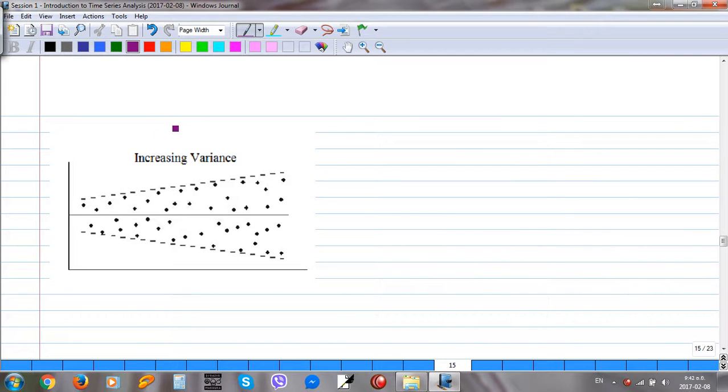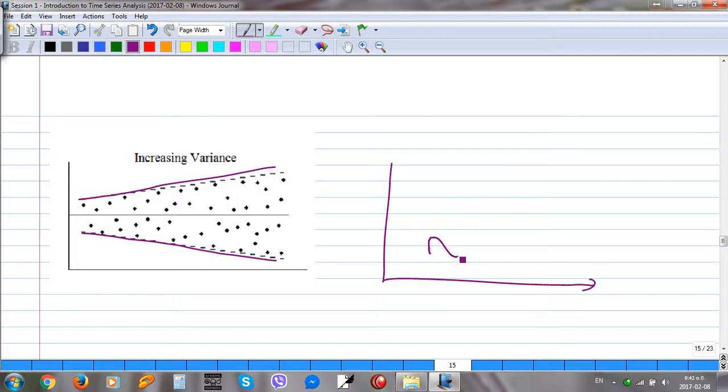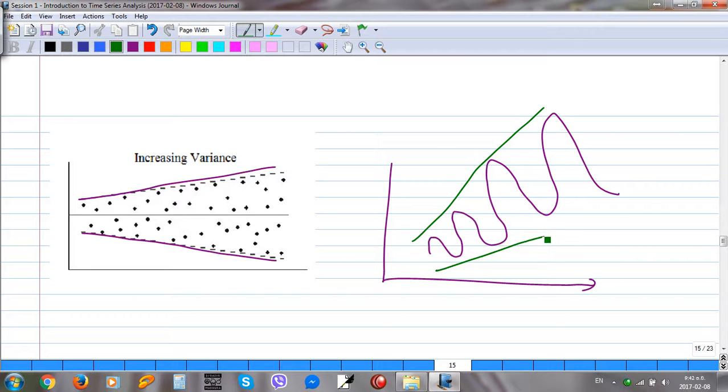And for increasing variance, look at this: the variance is increasing, the width is increasing. It can be this way also, that is increasing variation, right? Increasing variance.